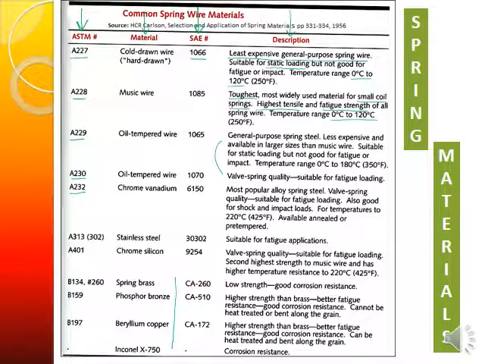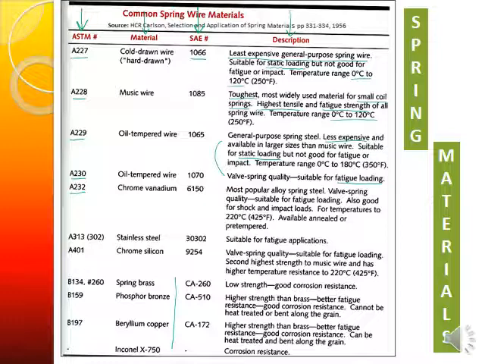But now compare between these two. They are both called oil tempered, but one is good for static loading and the other is good for fatigue loading. This is not costly, and this definitely costs more, and you can read basically.